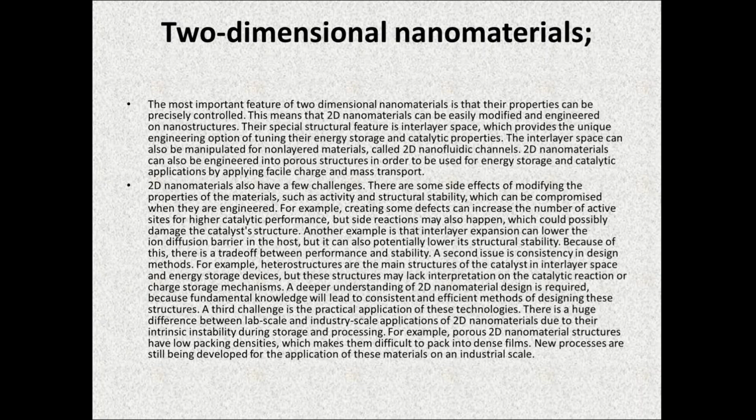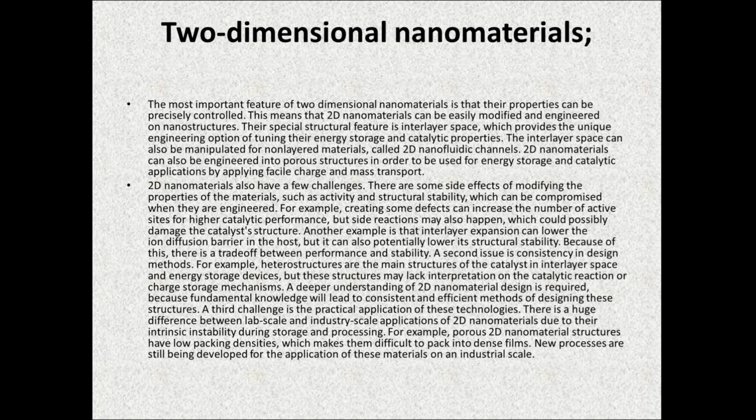Two-dimensional nanomaterials. The most important feature of two-dimensional nanomaterials is that their properties can be precisely controlled. This means that 2D nanomaterials can be easily modified and engineered into nanostructures. Their special structural feature is interlayer space, which provides the unique engineering option of tuning their energy storage and catalytic properties.